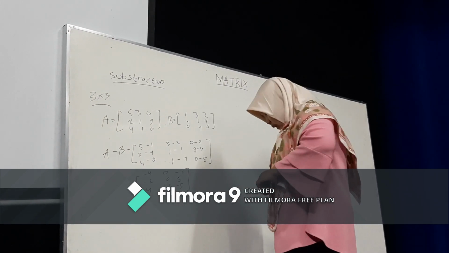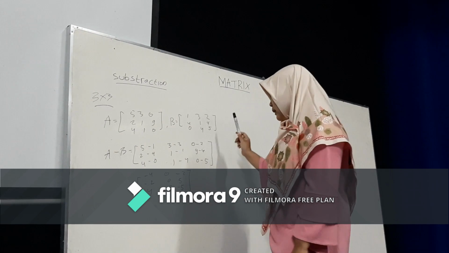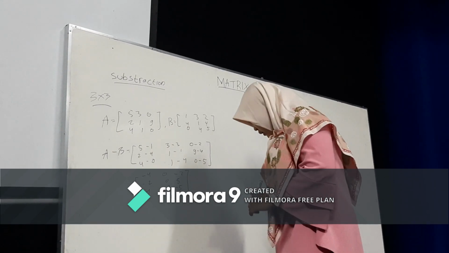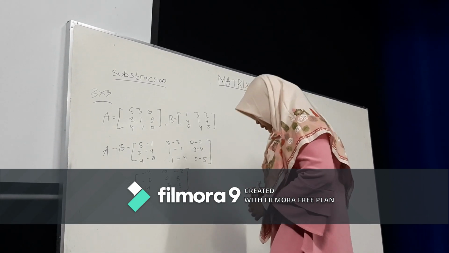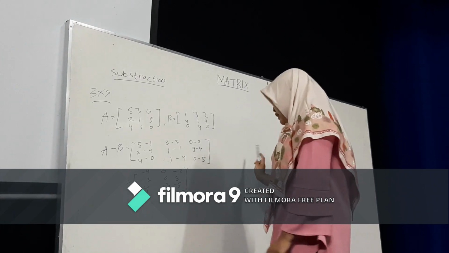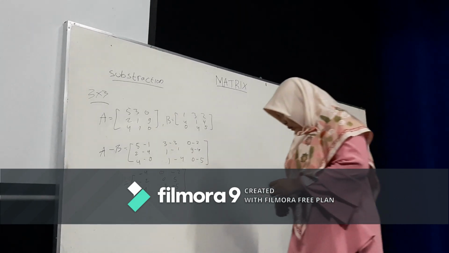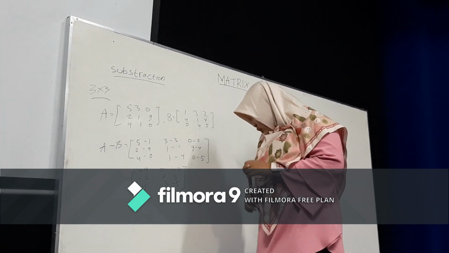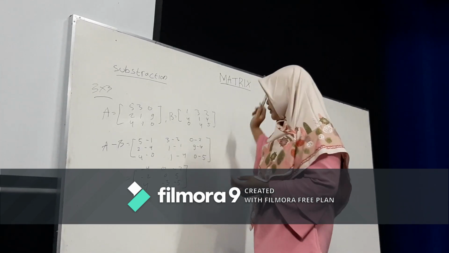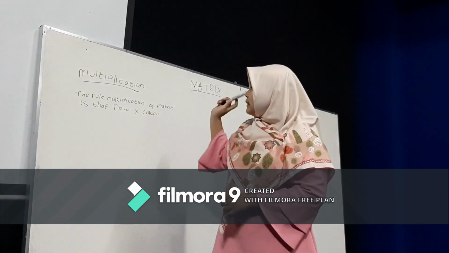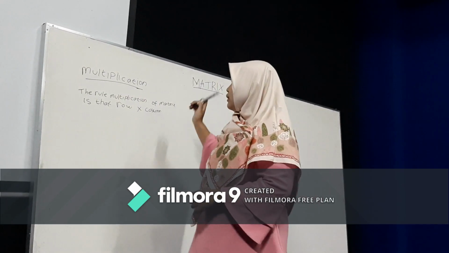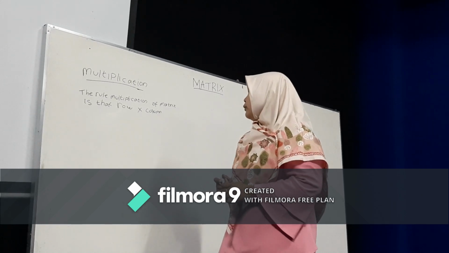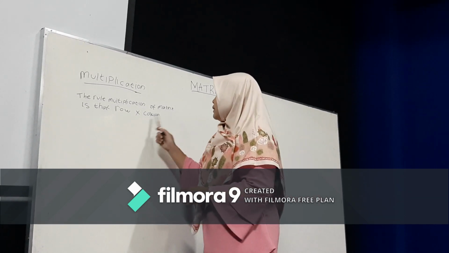Yeah, so this is about addition and subtraction of matrices 2 times 2 and 3 times 3. So I will be moving on to the multiplication of matrices. Okay, for multiplication, the rule of multiplication of matrices is row times column.